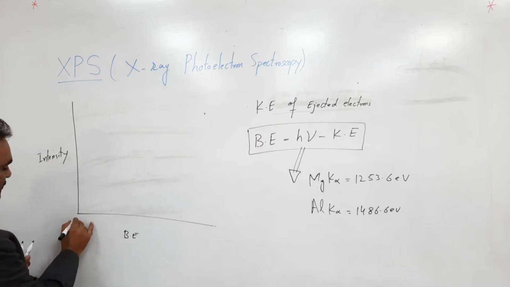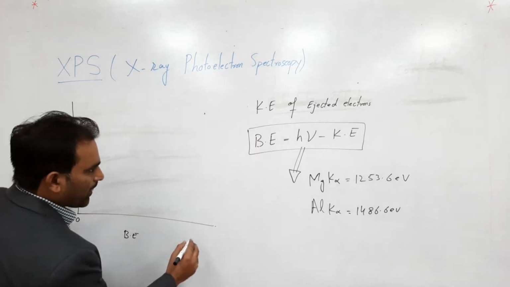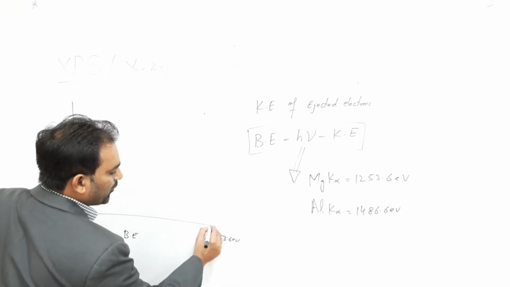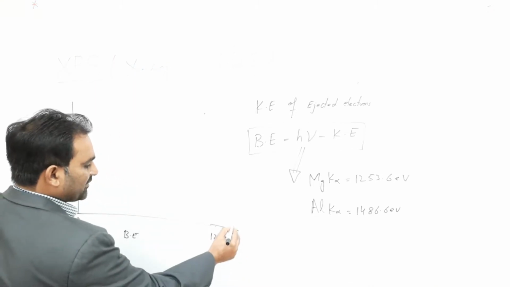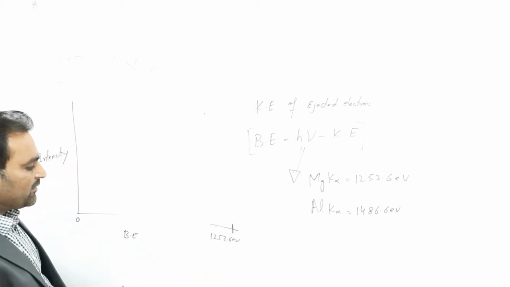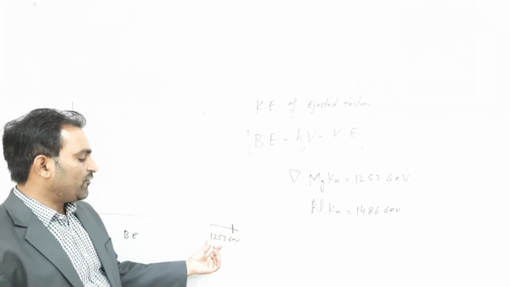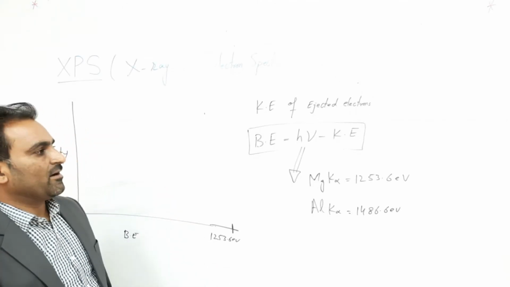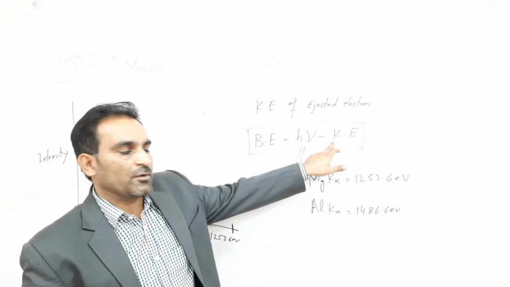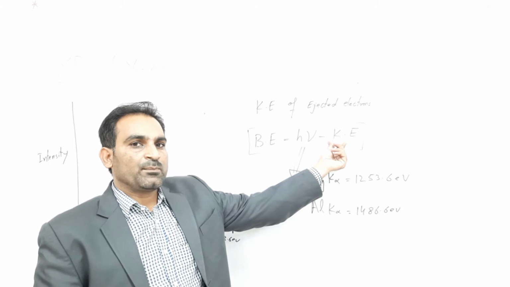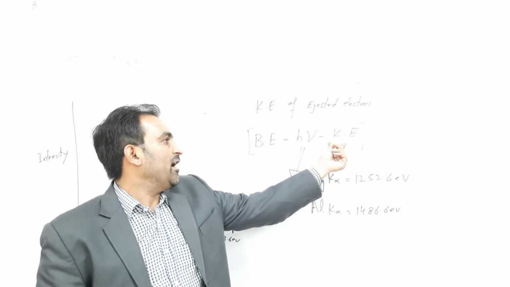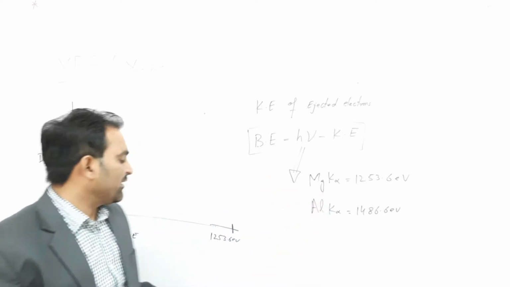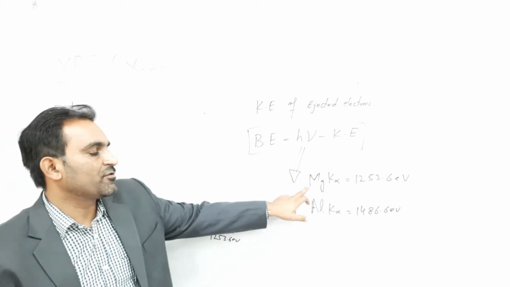So we have 0 to 1253.6 electron volts. This is the maximum binding energy. You get this value of 1253.6 electron volt when the kinetic energy of the electron is equal to 0. When this value becomes 0, you come up with a binding energy equivalent to the energy of the X-rays which you are going to use.